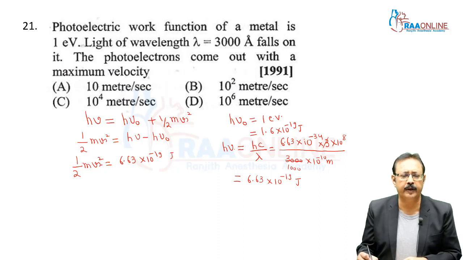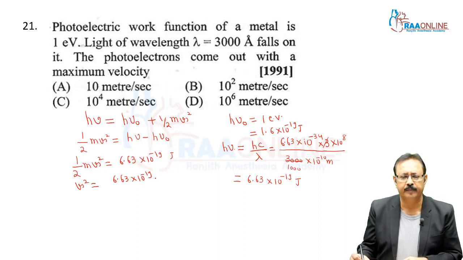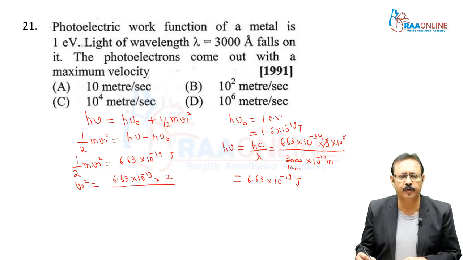But we want to calculate velocity. So first we will calculate the square of velocity. It is 6.63 into 10 to the power minus 19, into 2, divided by m. m means the mass of the electron, 9.1, nearly 9 into 10 to the power minus 31 kg.